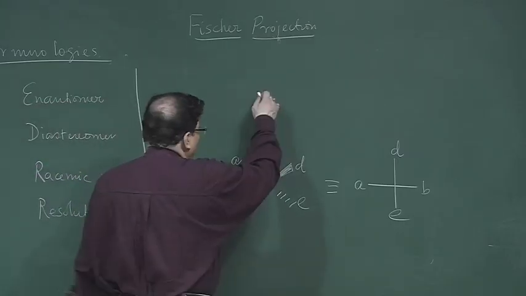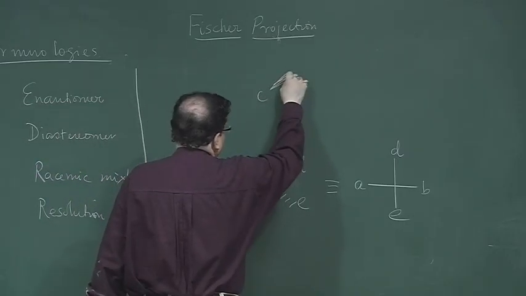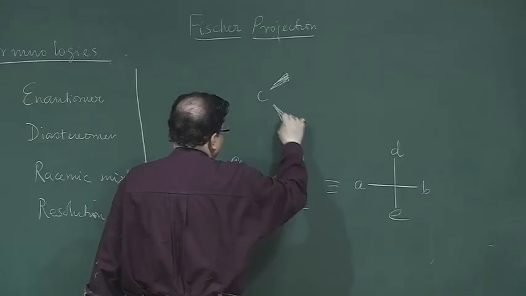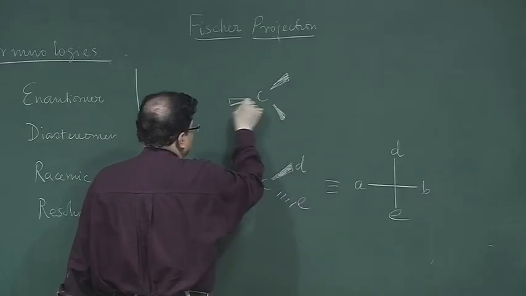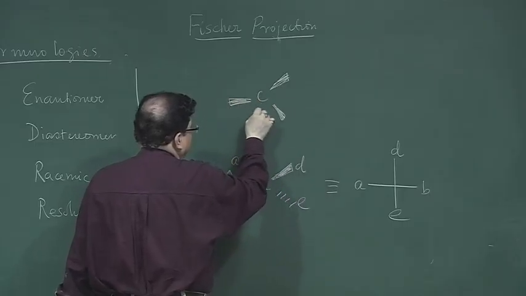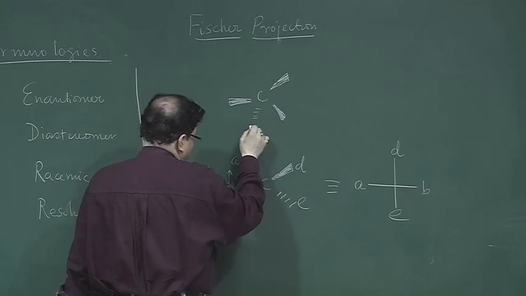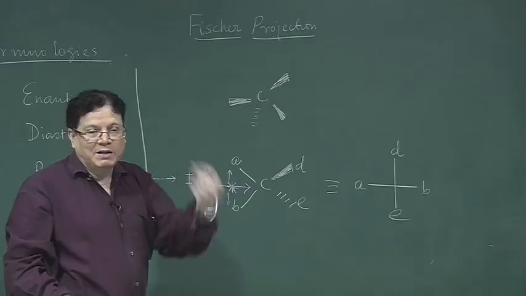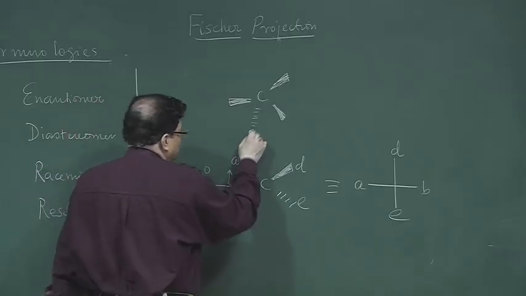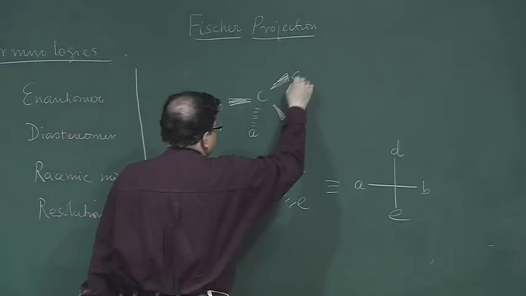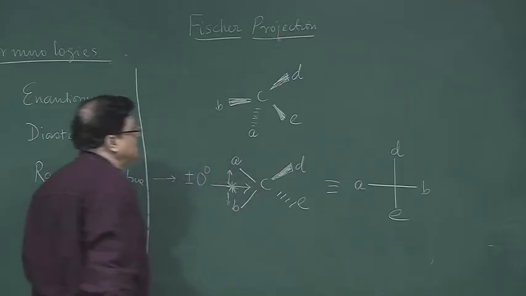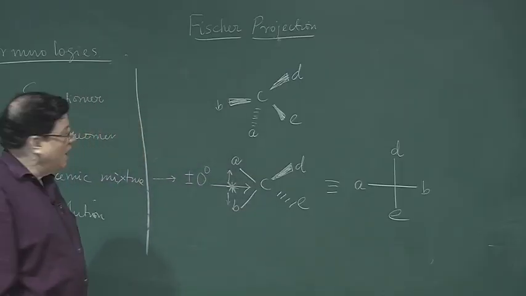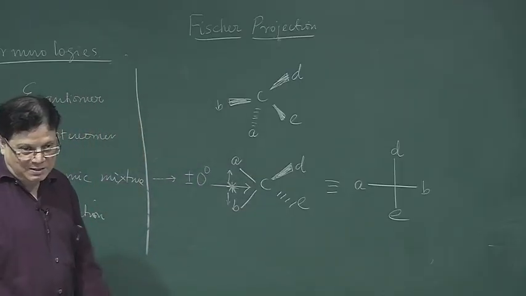The situation may be a little bit more complicated. Say I have 3 bonds like this above the plane of the board, and the other bond must be, as I said, if 3 bonds are above the plane, then the 4th bond has to be below the plane. If that is the case, how do you draw the Fischer projection from this?